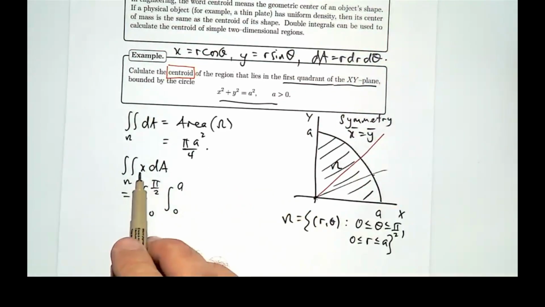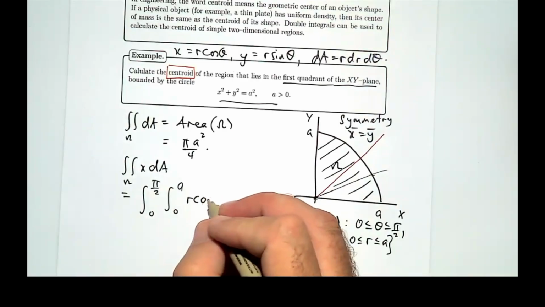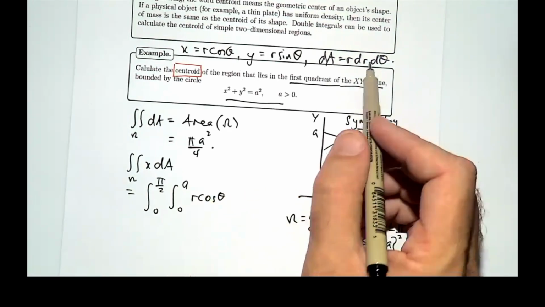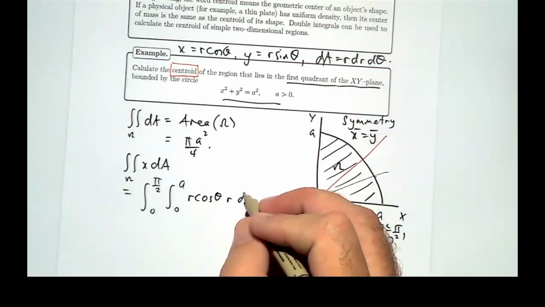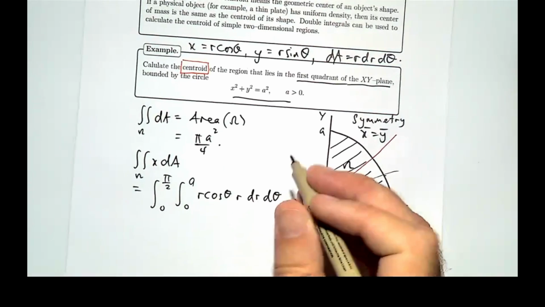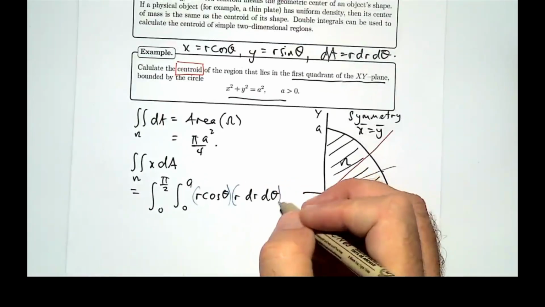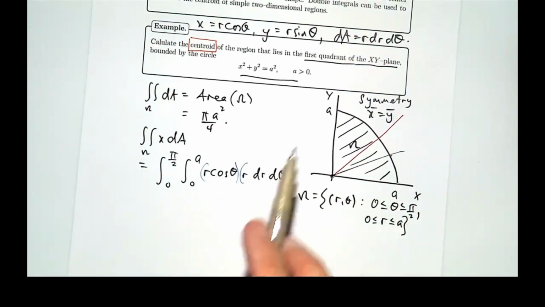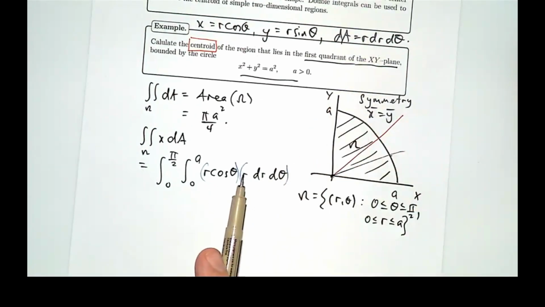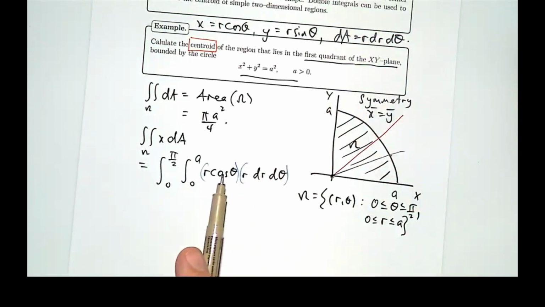Okay, so x becomes r cos theta, and then I'm multiplying by this r. So that's that bit, that's that bit. Right, that's the area element from up there. So we're going to get r squared times cos theta.